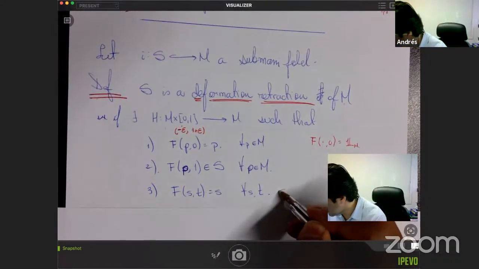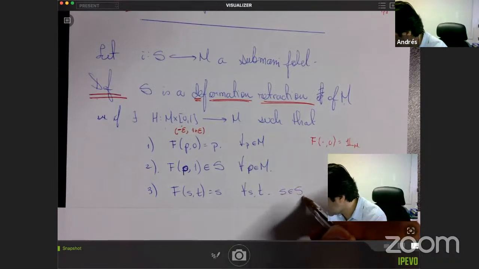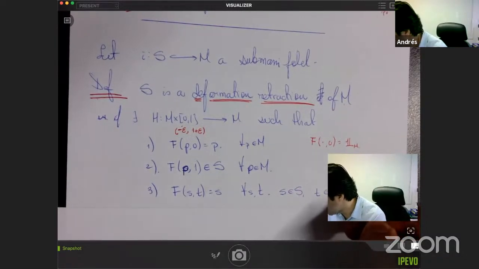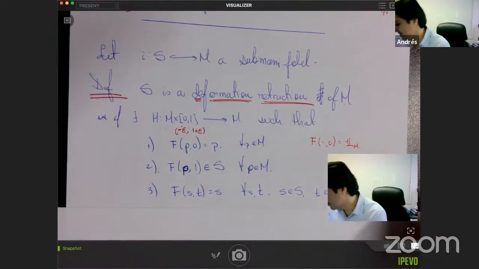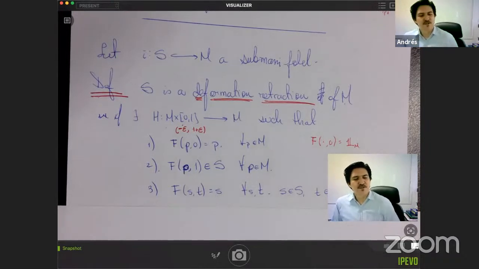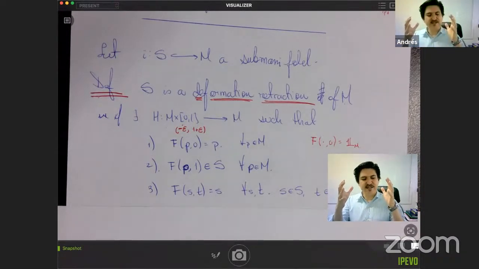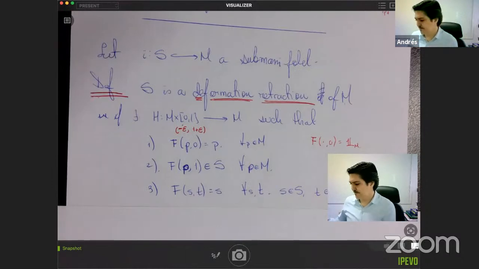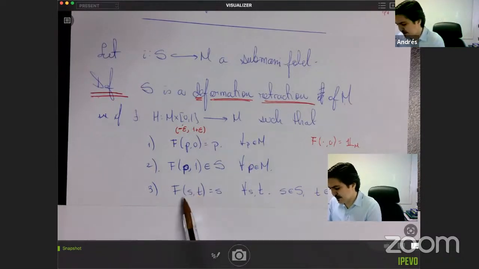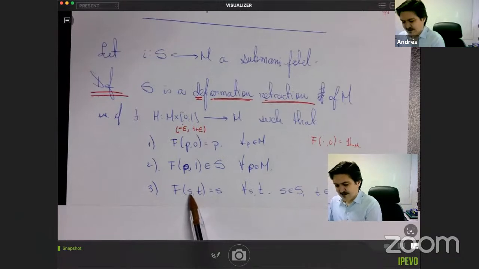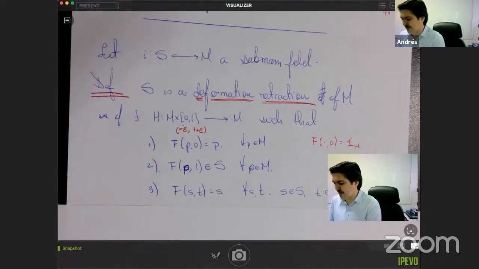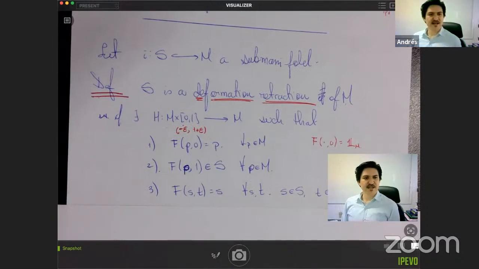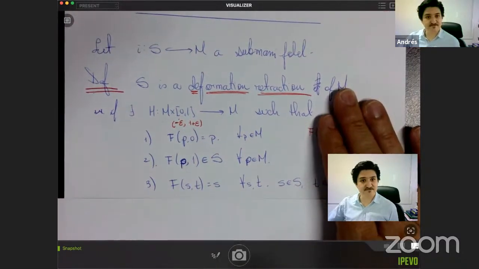Here, S is in the small set, and P is the parameter. So S, pointwise, doesn't move as time moves. This is for every P, S goes to S on the submanifold. So this is a deformation retraction.